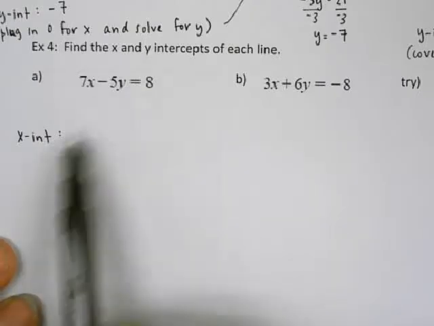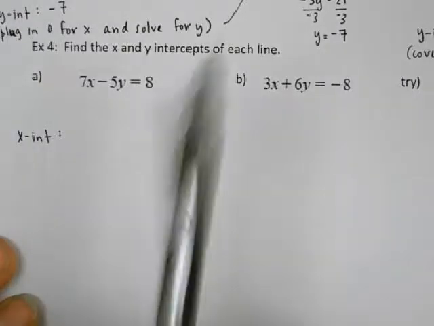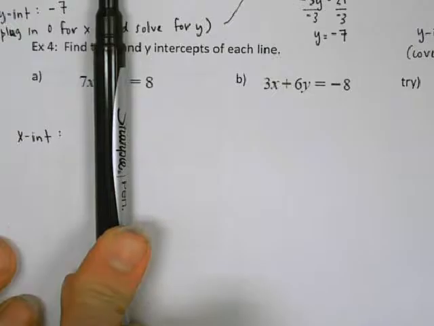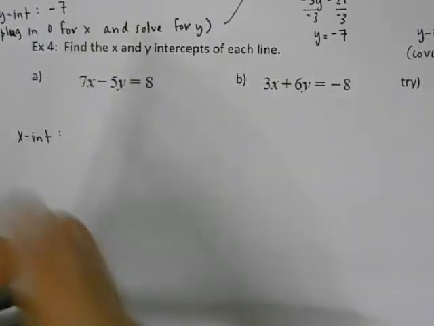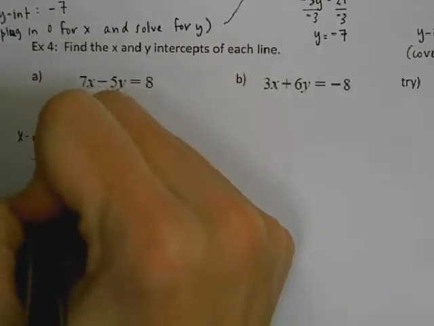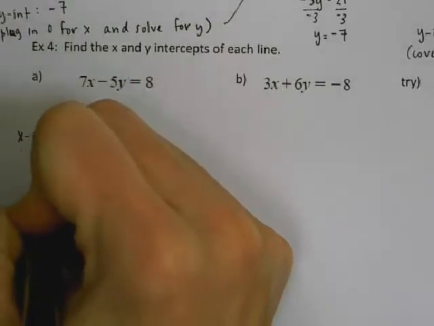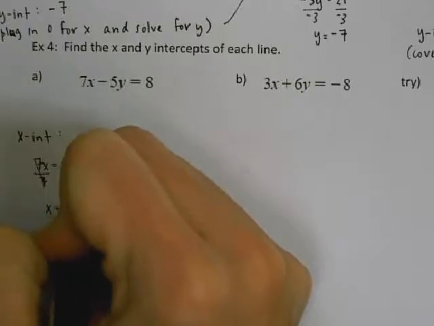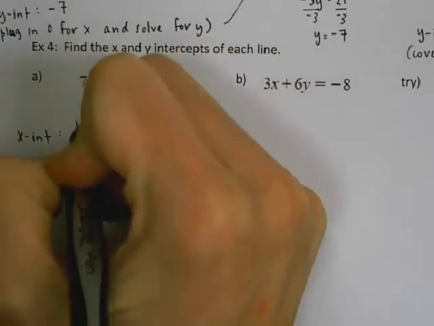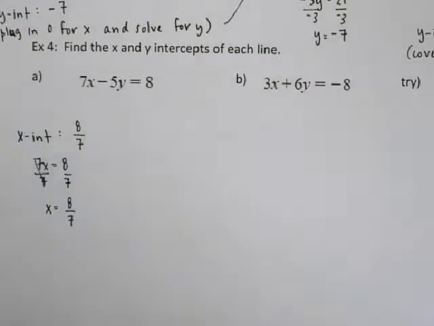I know if I'm finding the x-intercept, I cover up y. So now I'm going to get 7x equals 8. If I divide by 7, I'm going to get a fraction answer. So that is my x-intercept, but obviously not quite as handy if I wanted to graph that. It'd be a little harder to graph 8/7.